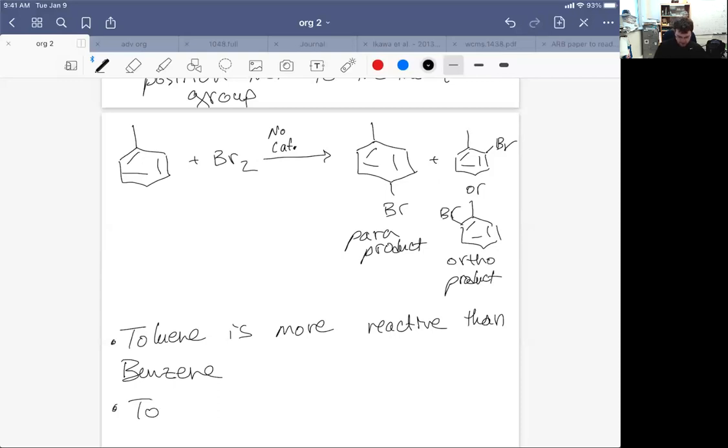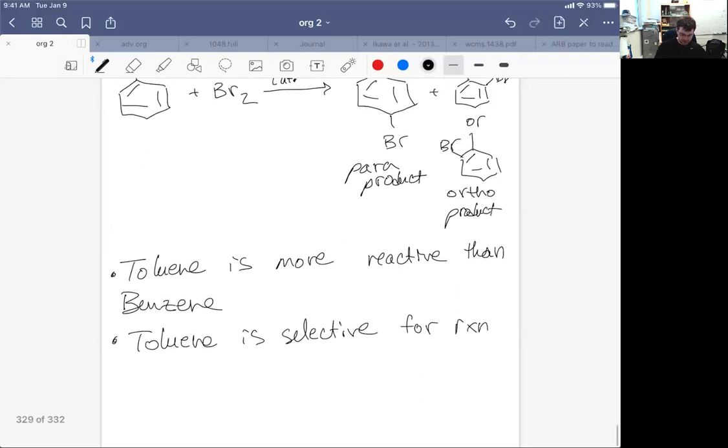Number 2, toluene is selective for reaction at the ortho and para positions. Okay? So what we notice is that with our substituted benzene, we see a difference in the rate of the reaction and a difference in the type of products that are formed.